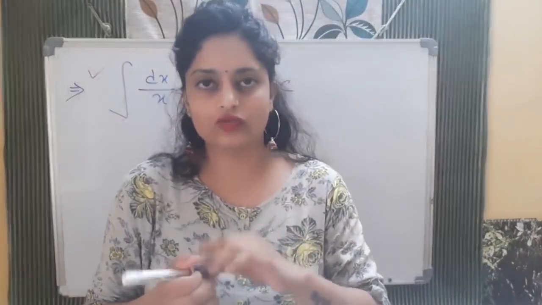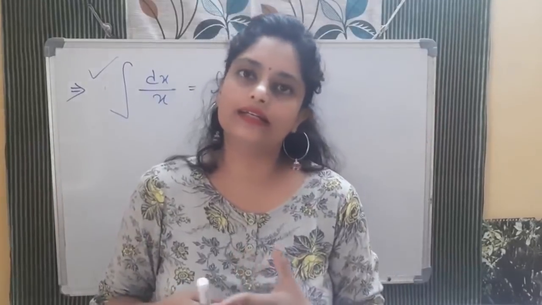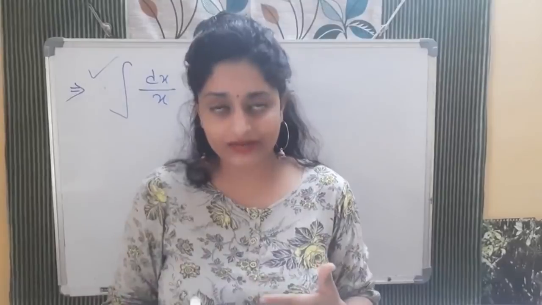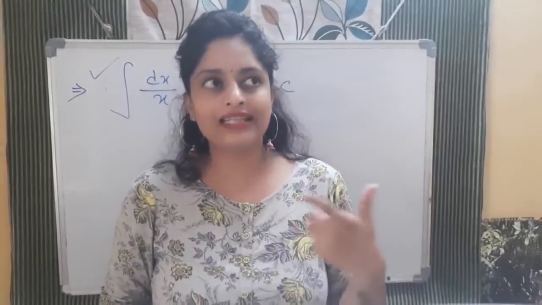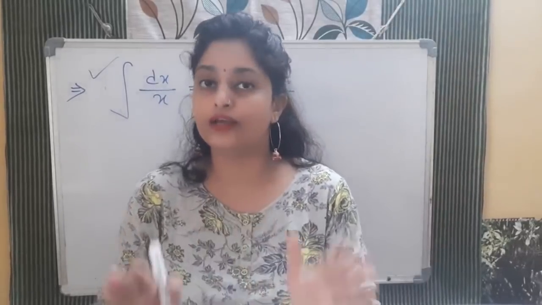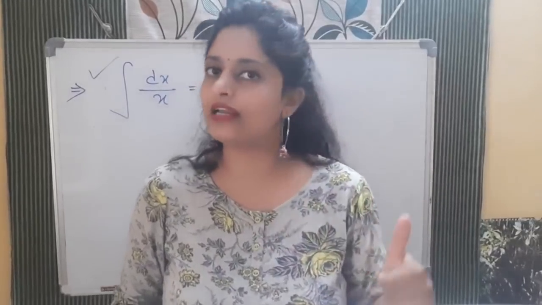What I told first was the basic one, x raised to the power n dx. Integration will be x raised to the power n plus 1 divided by n plus 1 plus c. In that case, if n is minus 1, what will happen? It will be something divided by 0, which is not defined. So we cannot use that formula; for n equal to minus 1, that formula is not valid.